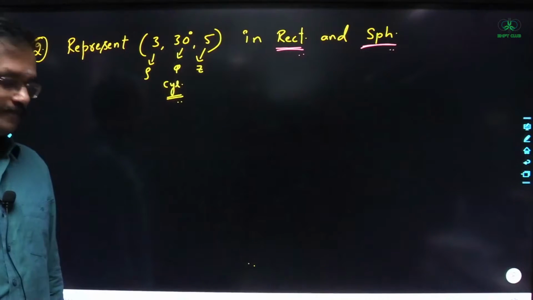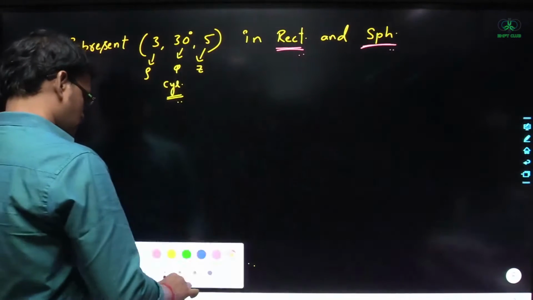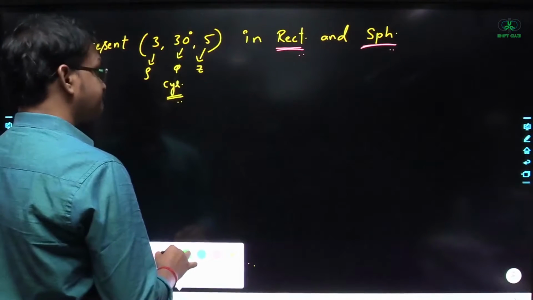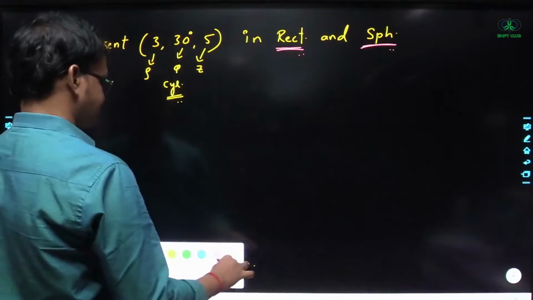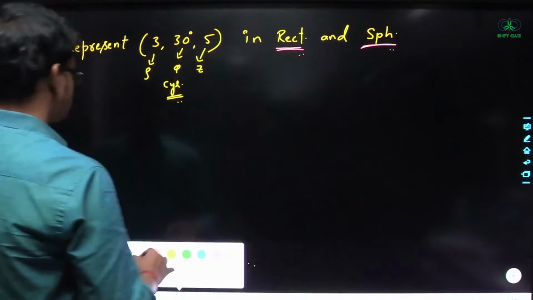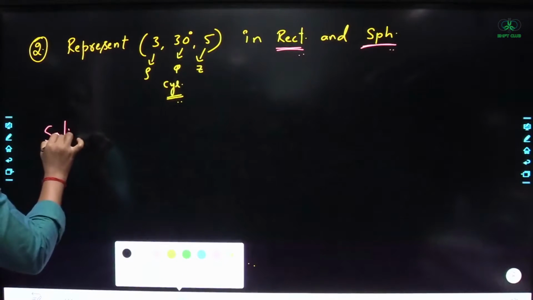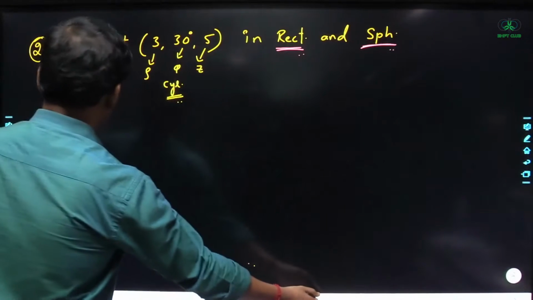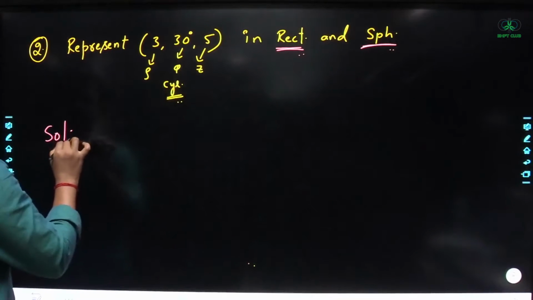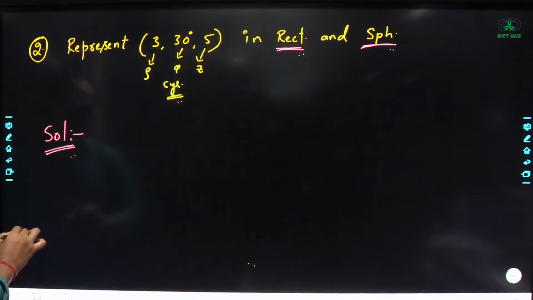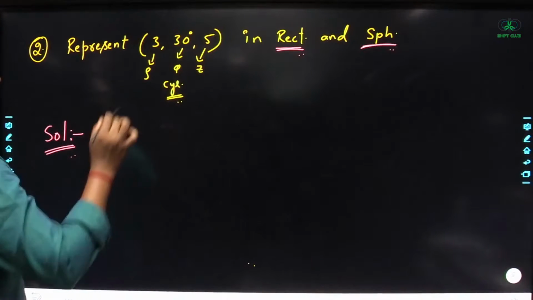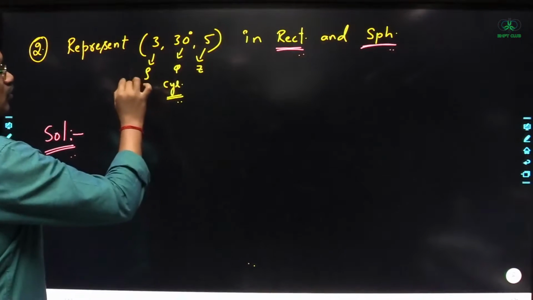So now see here. What is the solution here? Tell me. They have given rho, phi and z.